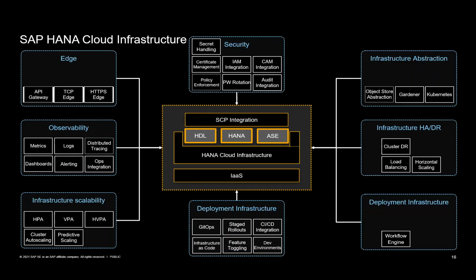So let's go through them quickly. For security, we use a Vault service to handle any certificates, to handle passwords, to hold all those things. We have an integration with an SAP system called Customer Access Management, which is a thing that you have to go through if you want access to that SAP support account.